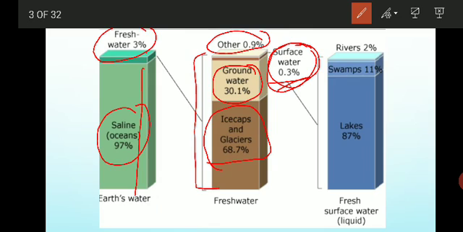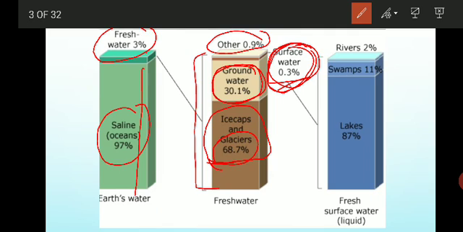So that water, though it is fresh water, is of no use because it is in the ice form. Okay, so it is 68.7%, and groundwater is 30.1%, which is available, and only 0.3% is available as surface water.